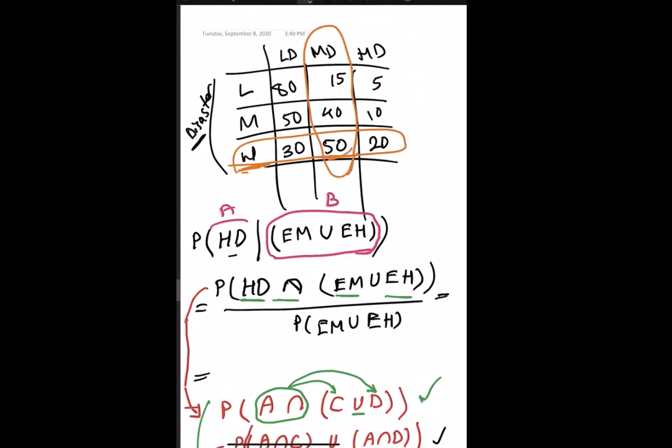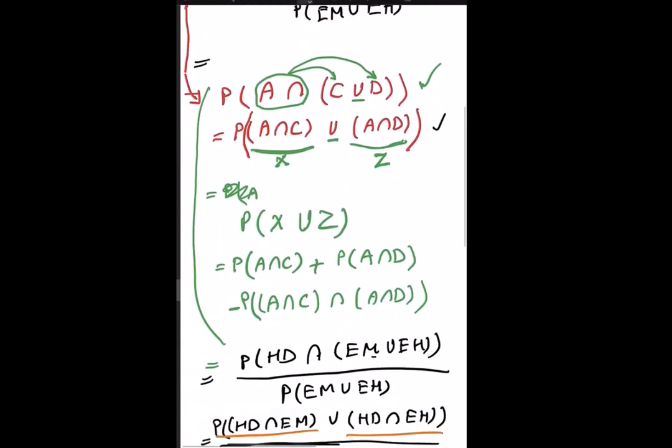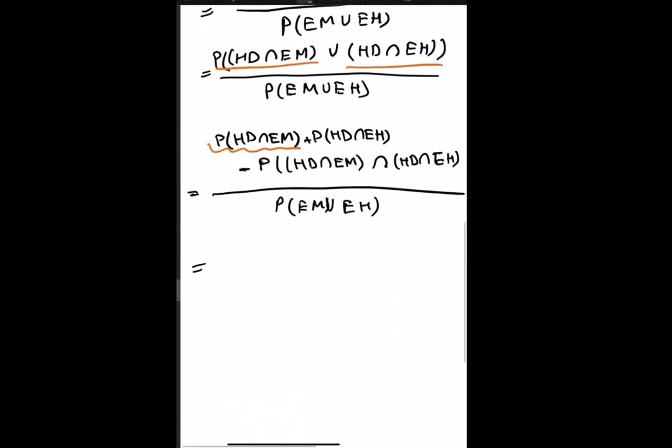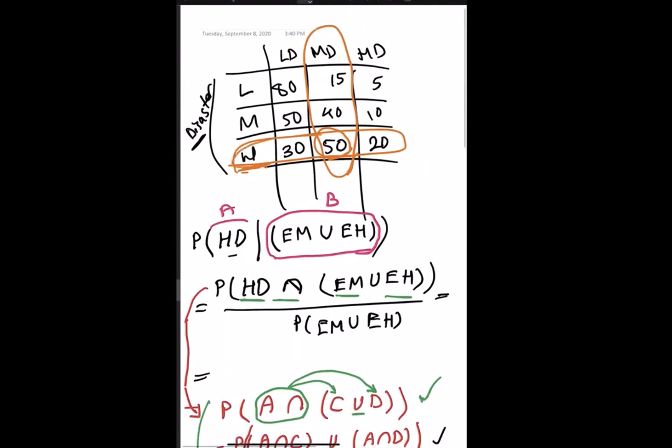So only 50 rows are in both, high debris and earthquake moderate, okay? So that's 50 out of 300. What is the probability of high debris and earthquake high? High debris and earthquake high. In the third row, only 20 have both conditions.